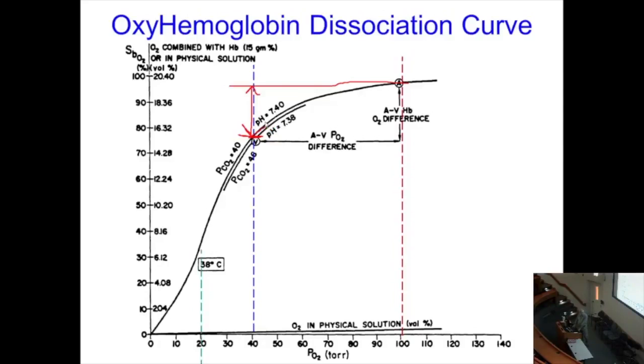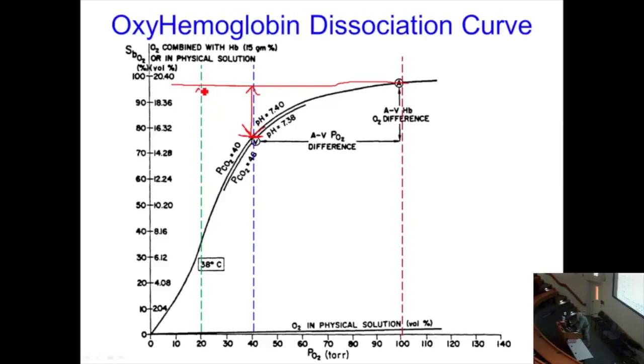The curve is steep in the range of PO2s that you will see in various tissue beds. Let's say we have another tissue that's much more metabolically active, and the PO2 is 20. The blood comes from the lungs. We have this much oxygen.